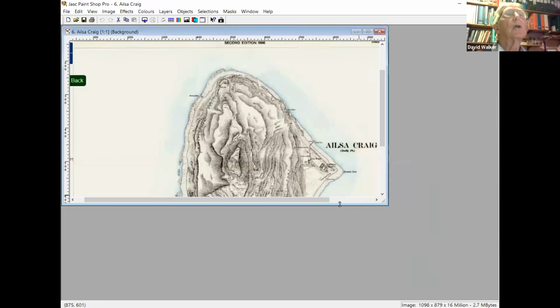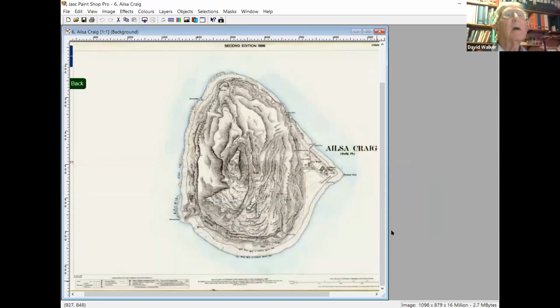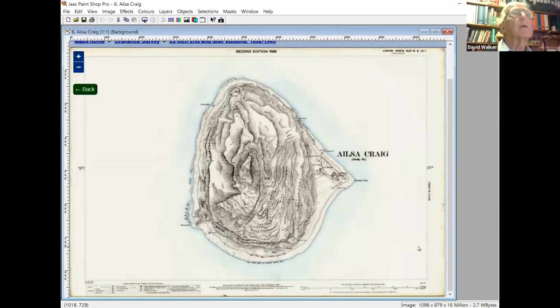And finally, the good news is that Ailsa Craig, if they'd followed the rules, Ailsa Craig would have been split between two 25-inch sheets.